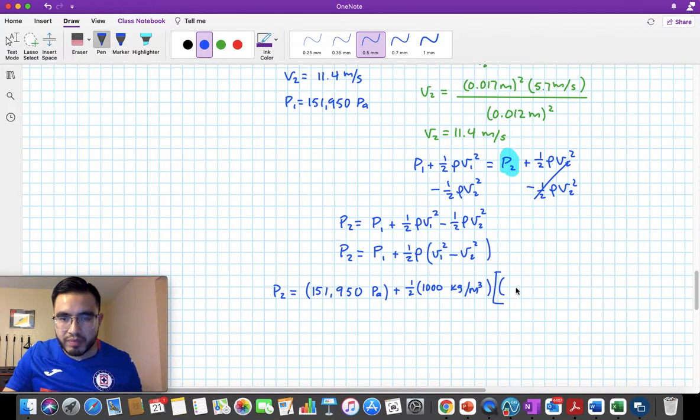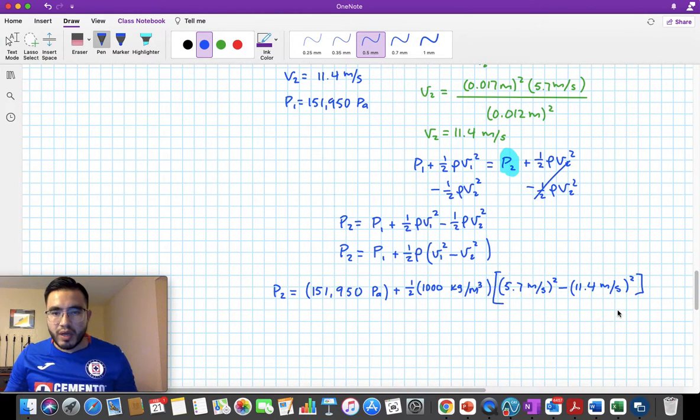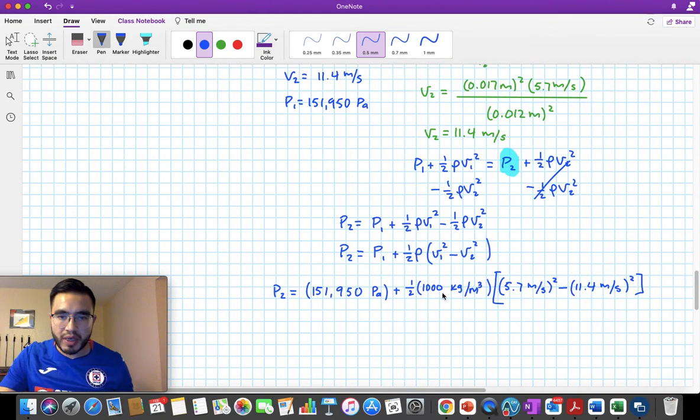That'll be 5.7 meters per second squared, minus 11.4 meters per second squared. And that will cancel, and I'm going to end up with pascals. Okay? All right.